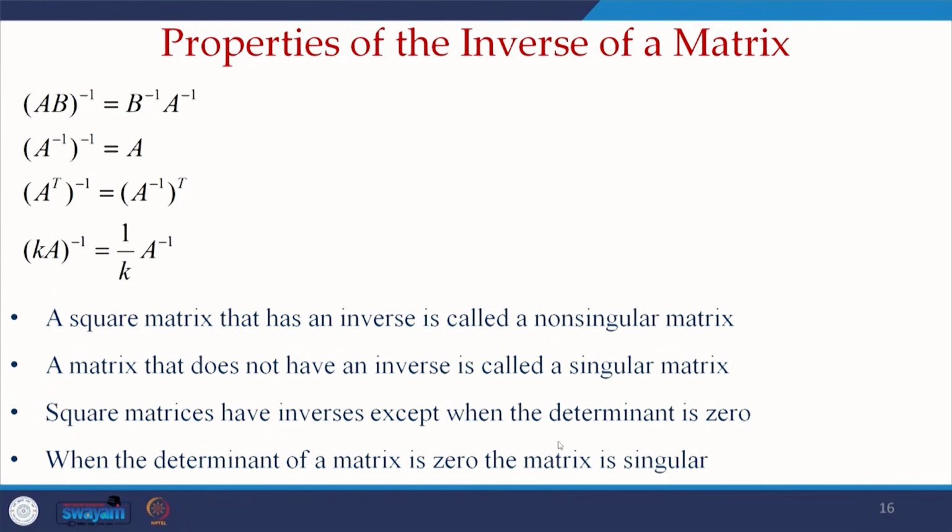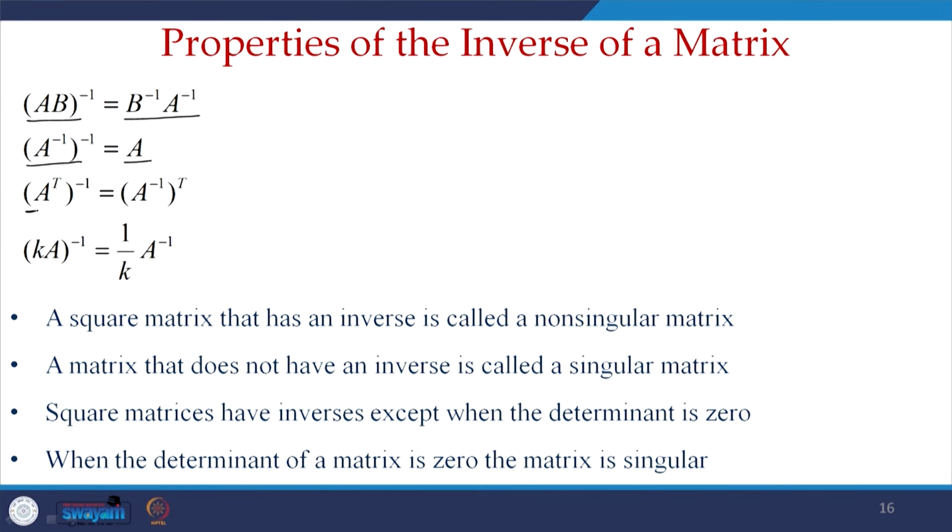In case of inverse, we are having some rules. The first one is, the inverse of A into B will be B inverse into A inverse, and these rules we are saying if inverse exists. The inverse of A inverse equals A itself.